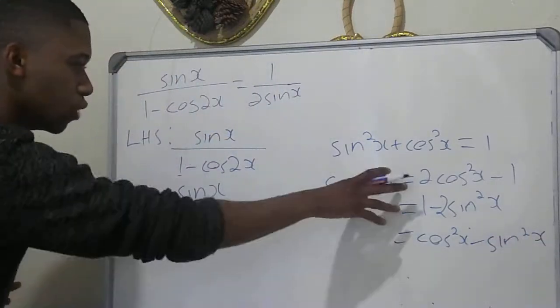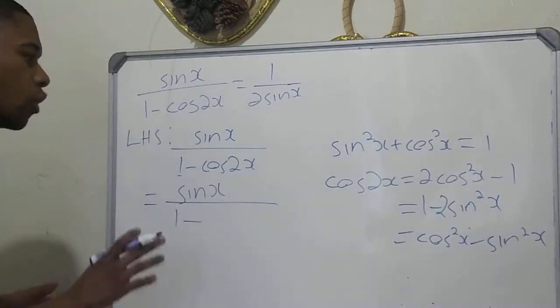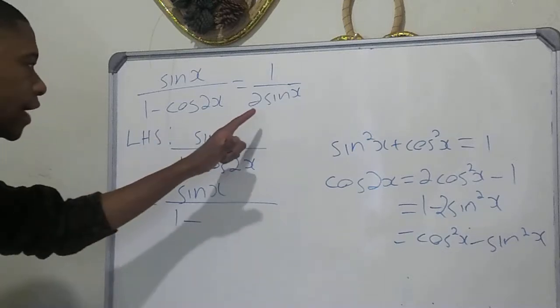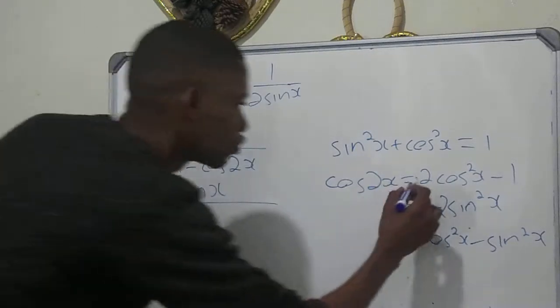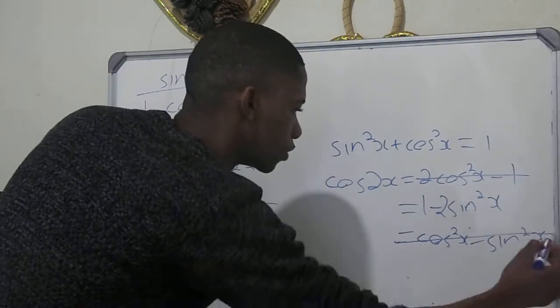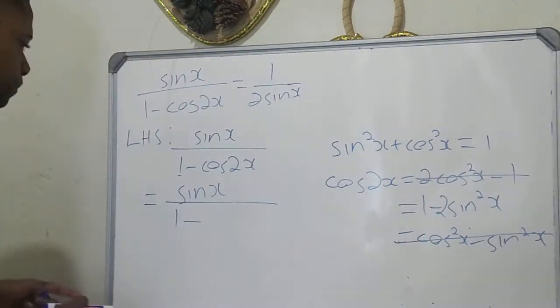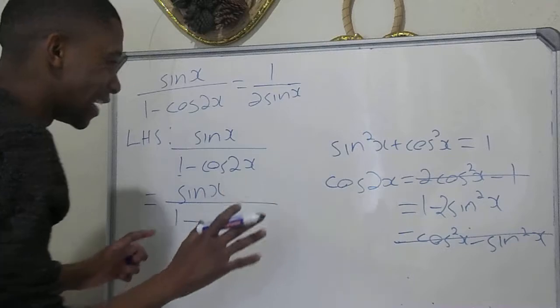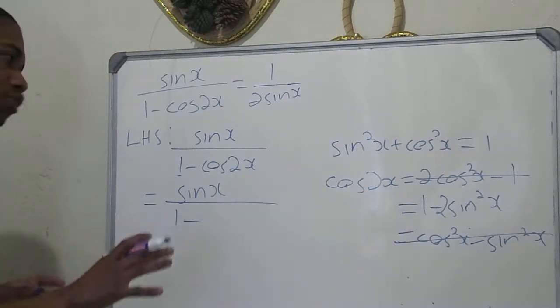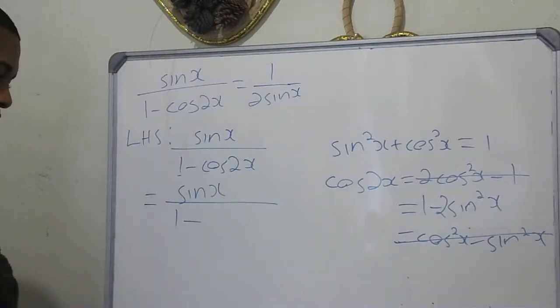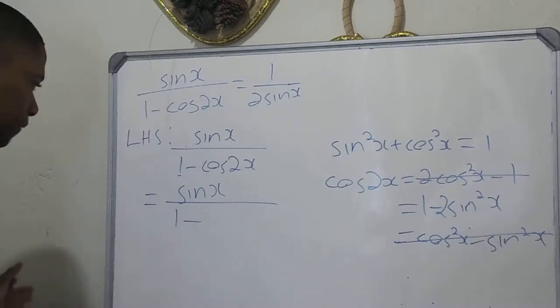You have to choose between the three. But because your final answer has sine at the end, you're gonna have to scratch this one and this one, because they have cos. We're trying to end up having a sine at the end. So you change everything into a lot of sines, okay?